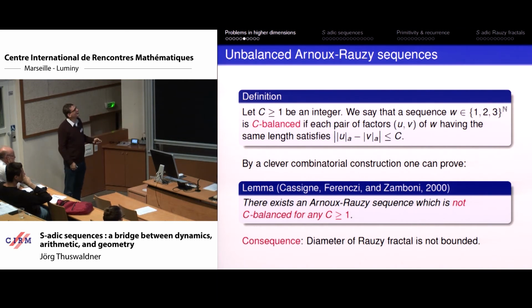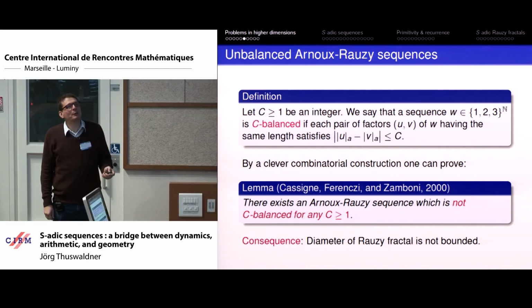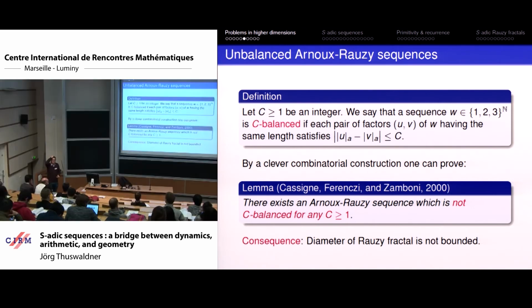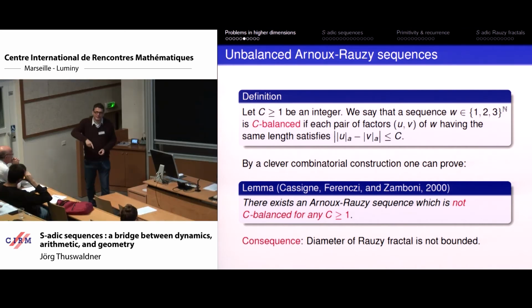Now, by a very clever combinatorial argument, in the paper by these 3 guys in the year 2000, it was shown that Arnoux-Rauzy sequences can be bad guys. They are not always balanced. So you can find an Arnoux-Rauzy word which is not balanced for whatever c you choose. So if you have your favorite direction, whatever you take, your broken line will just go farther and farther away.